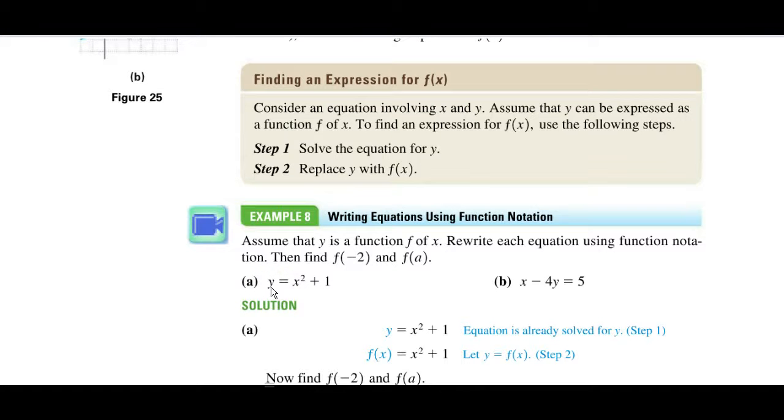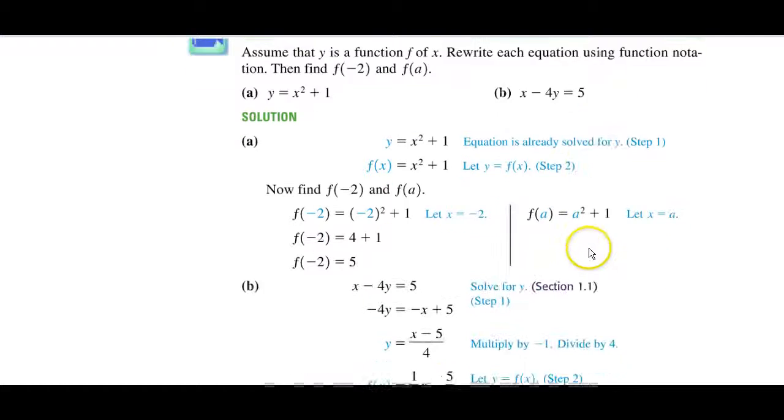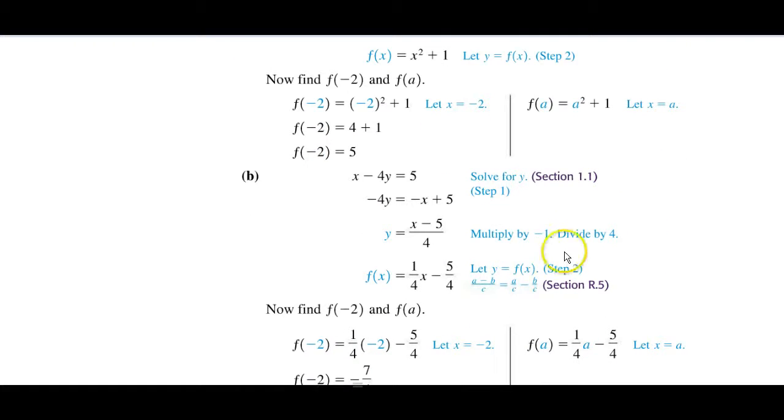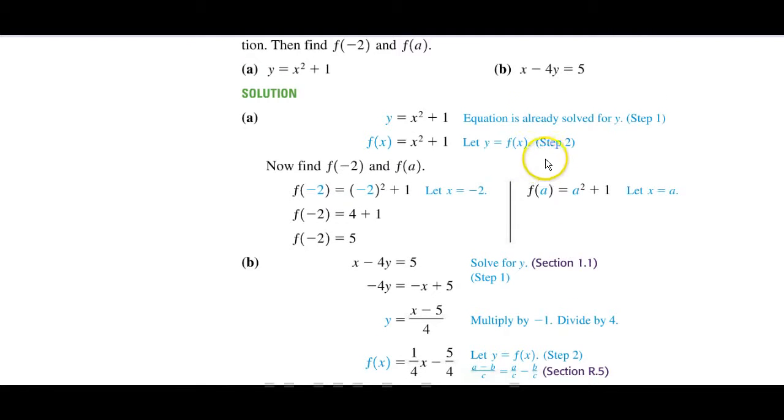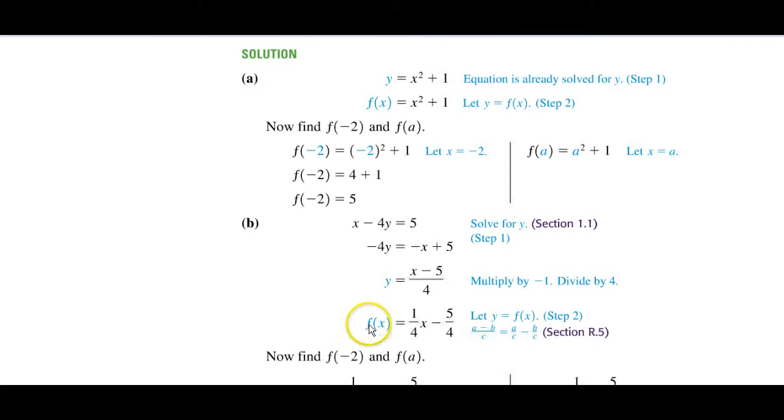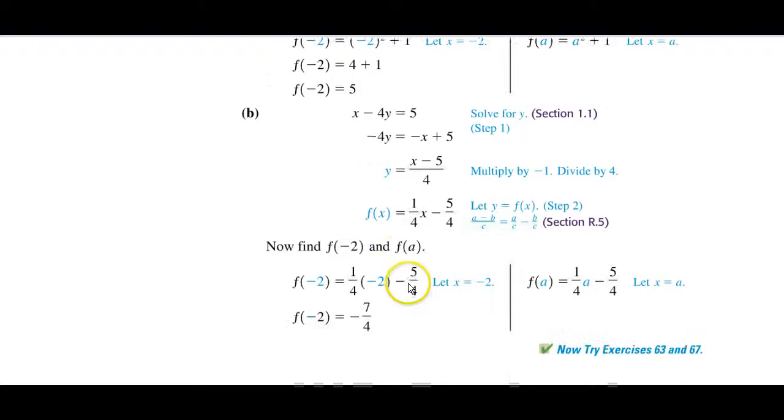You're just going to replace that with the function symbol. In letter B, we have to actually solve this equation for y, which we did in earlier lessons in other courses. Put it in slope-intercept form and then substitute the y for our function symbol. Okay.